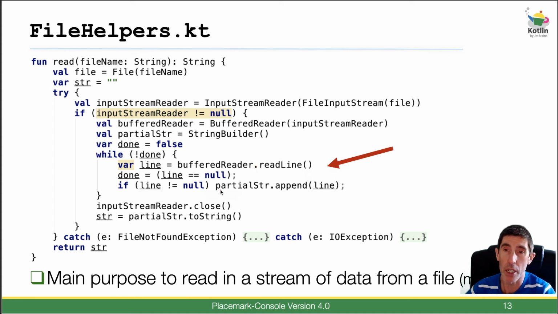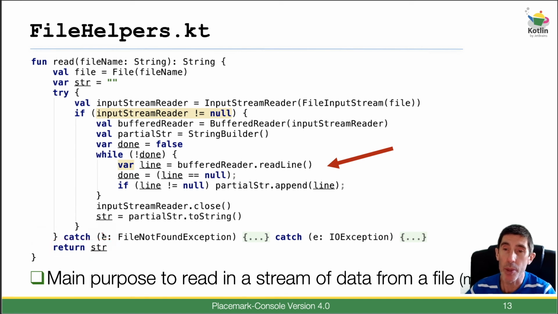I can only read it one line at a time, and if that line is not null, we have our partial string dot append that particular line. So we're reading up that whole data from the file line by line. We then close off our input stream reader, and we then convert into one big string that partial string that we have been appending to as each line in the file was being read. That's what then gets returned.